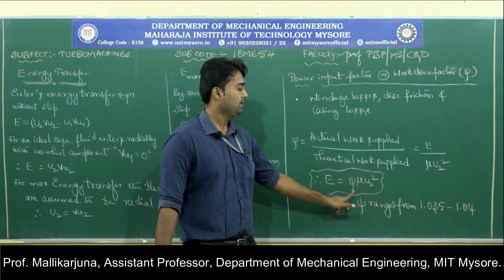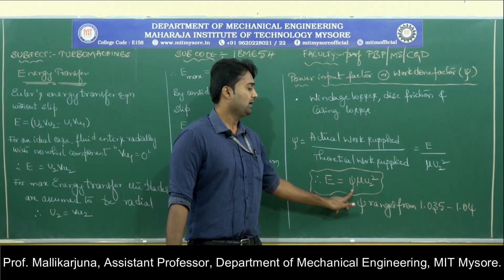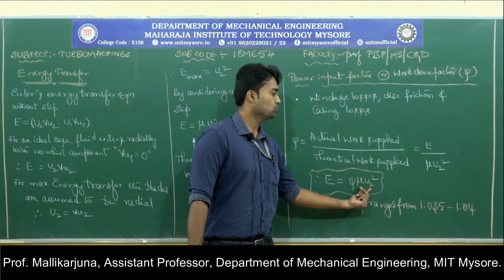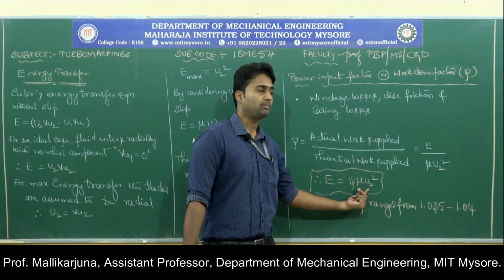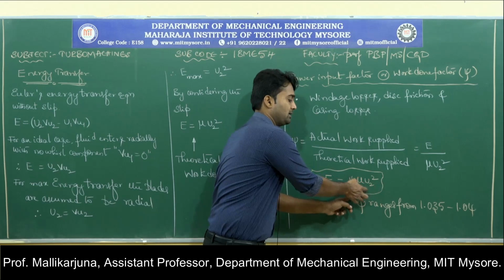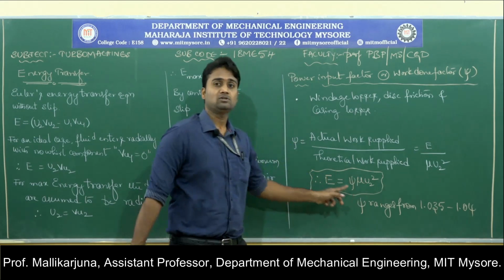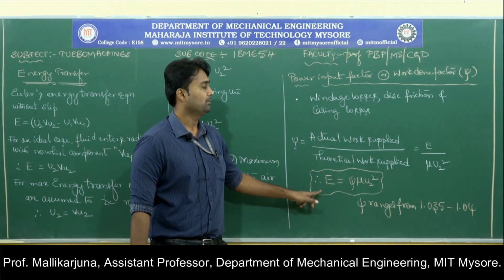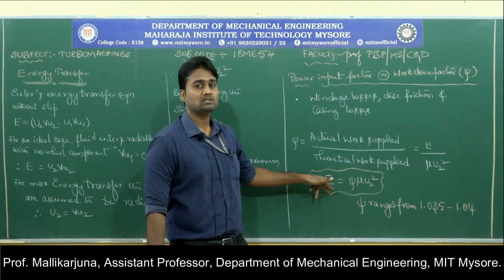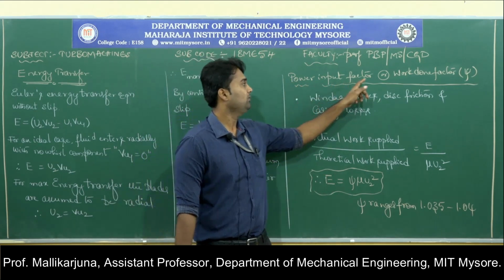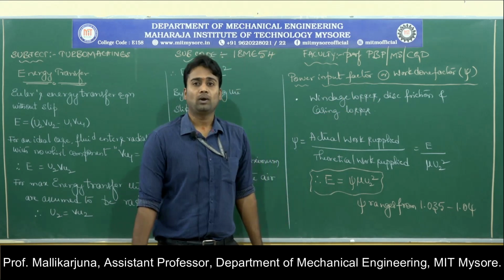So, E is given by work done factor or power input factor Xi into mu into U2 square, which is nothing but the theoretical work supplied. So, theoretical work supplied times Xi is going to give us the actual work supplied, and this actual work supplied has to be expressed with the help of the power input factor or work done factor.